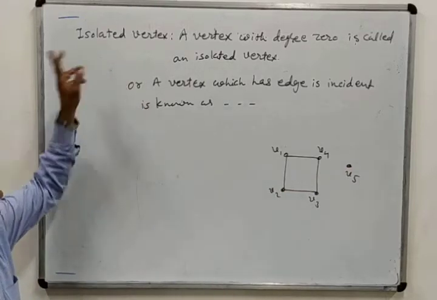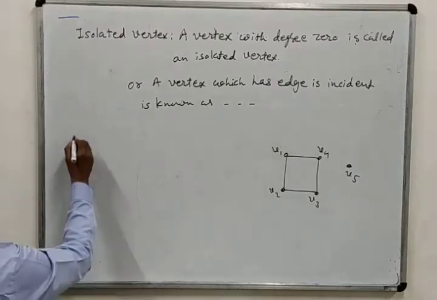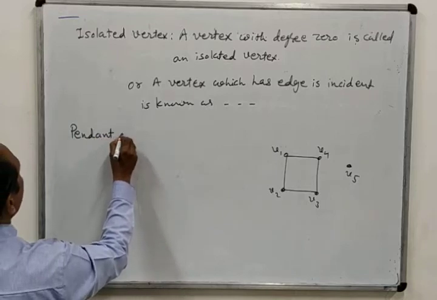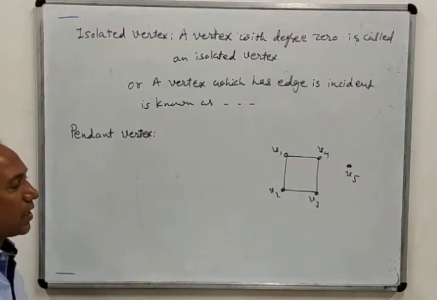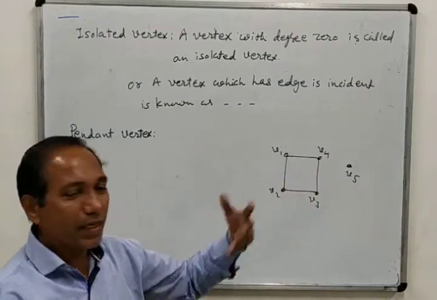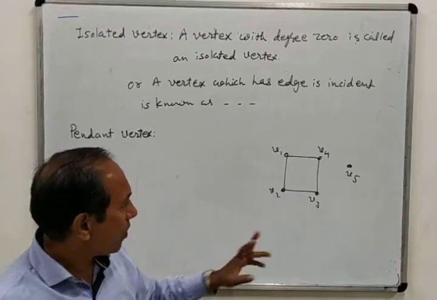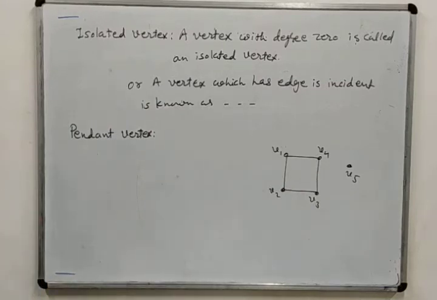So we say that V5 is an isolated vertex. Okay? Then let us see another definition. Pendant vertex. So with the definition, if you are asked to give an example of the graph, you can draw any kind of graph, but one vertex must be an isolated vertex. So pendant vertex is also very simple.